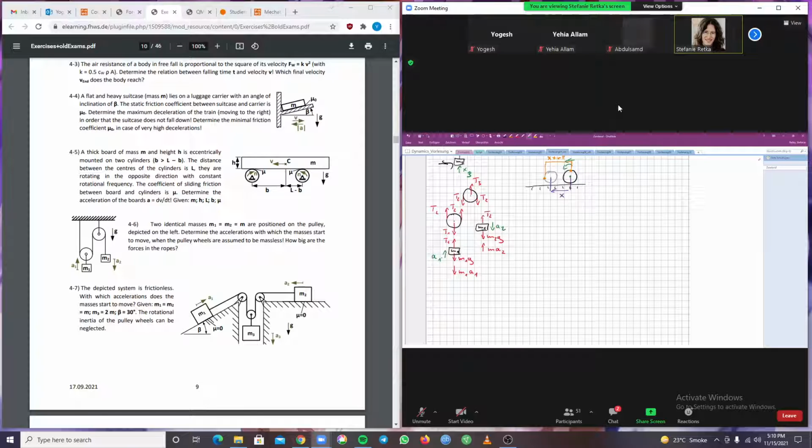So there are only 4 equations in total for the 4 free body diagrams. Then we rearrange the equations to find a1, a2, and the tensions T1, T2, and T3. Okay, so try to solve the system, state the equilibrium conditions, and rearrange the equations.